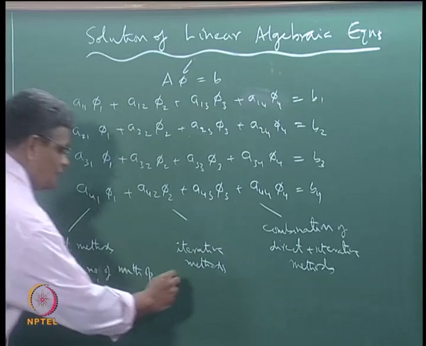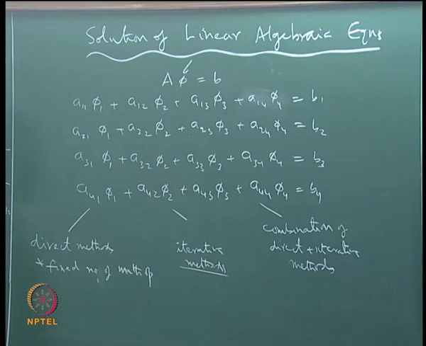Iterative methods have a totally different principle. You start with a guess value and you try to improve upon it in such a way that these equations are somehow solved, okay, in their approximate formation.